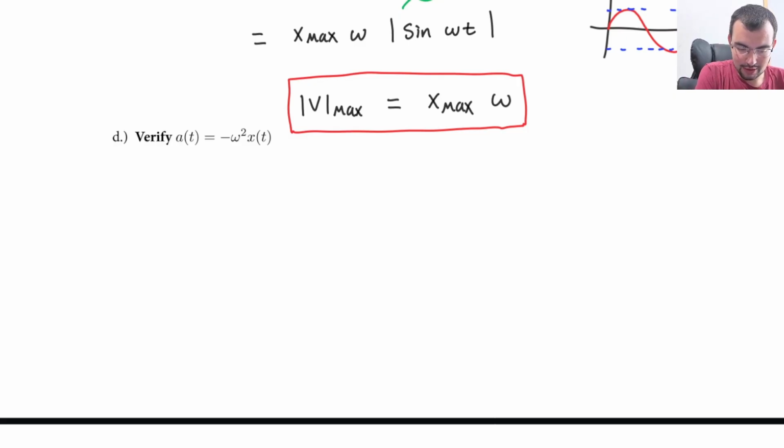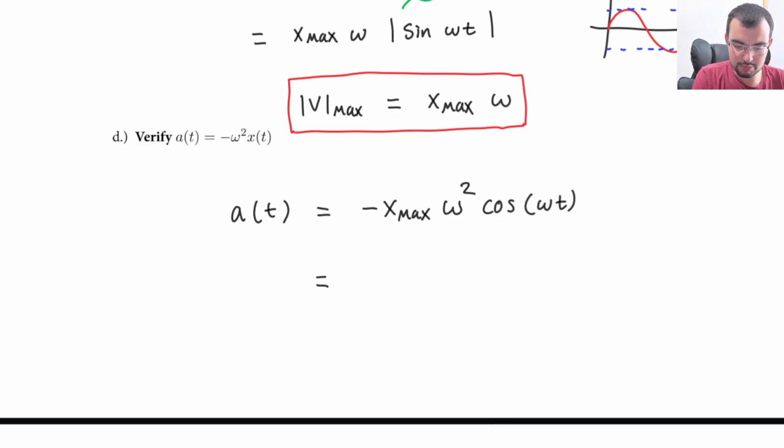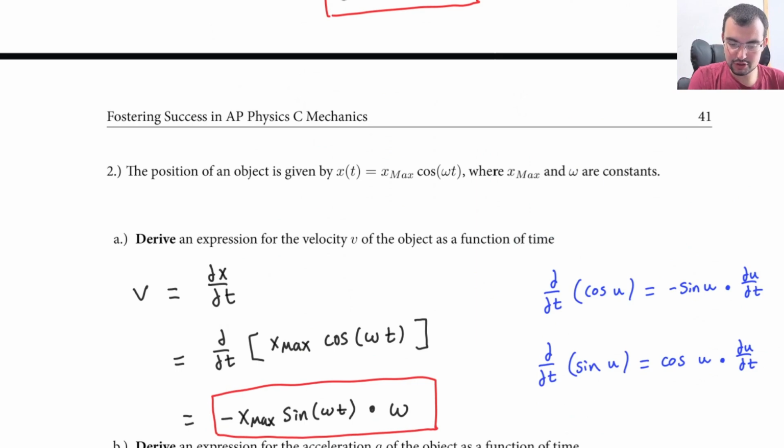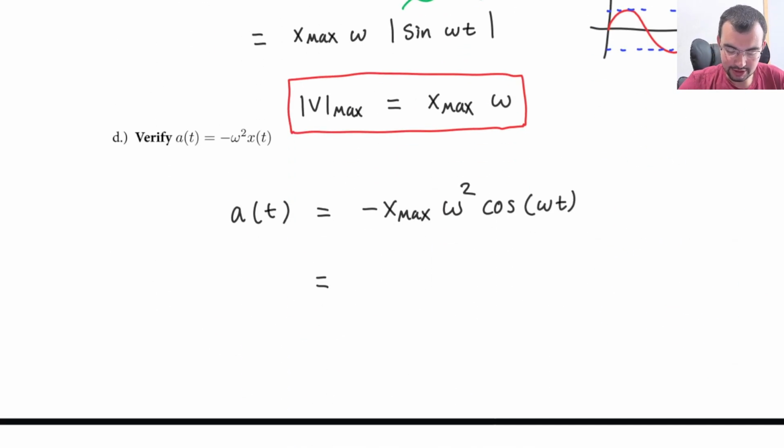So our function for acceleration was this. And now we can just do some grouping to try to turn this into a position function. So the position function was x max cosine omega t. So we can do some rearranging to get that. So I can put a negative in front.